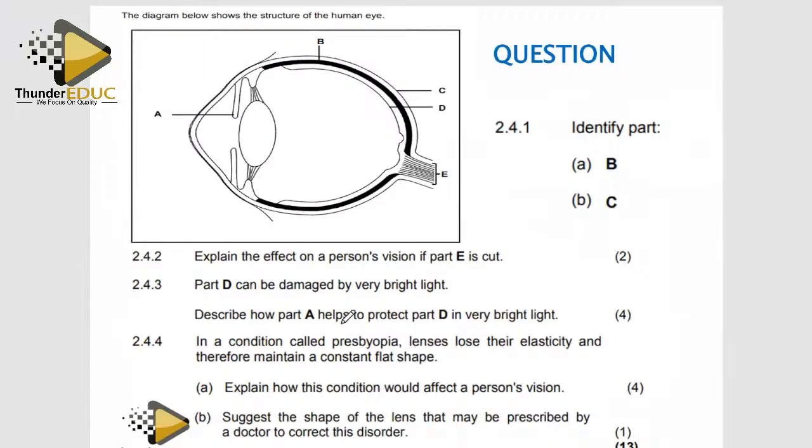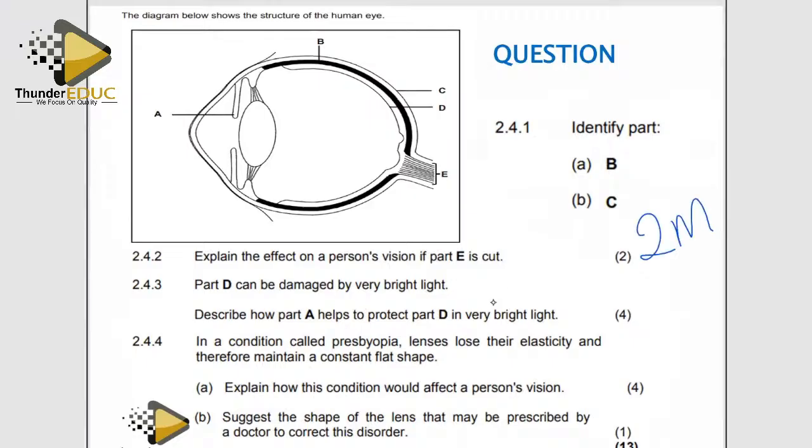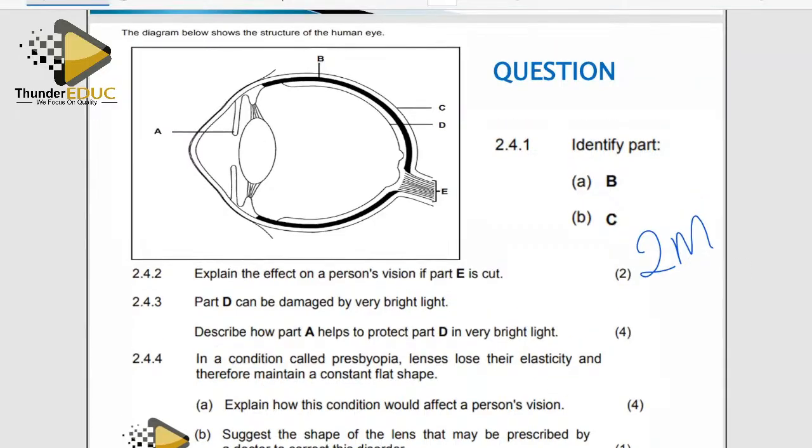And then after that, we discuss it. Then after that, we go to the ear. Don't forget to label each and everything. You label A, B, C, D, E, everything. You must label it. So I'm giving you 2 minutes so that you're able to answer that.